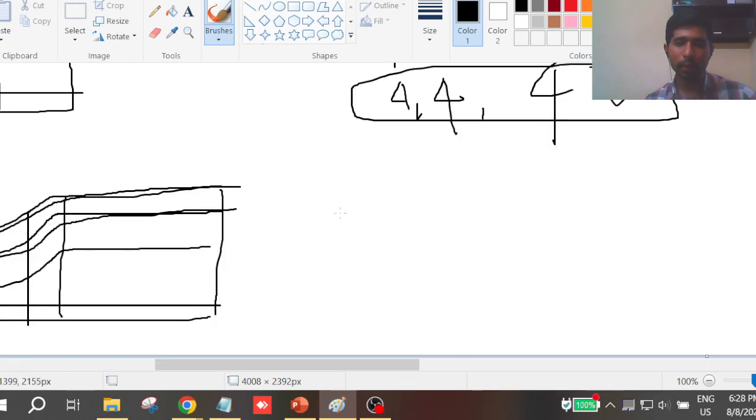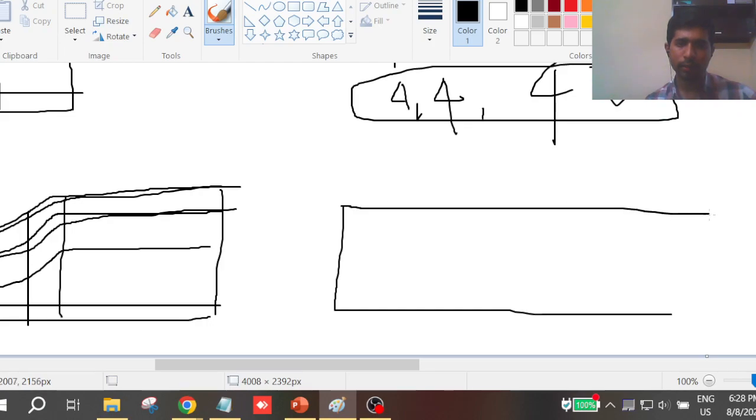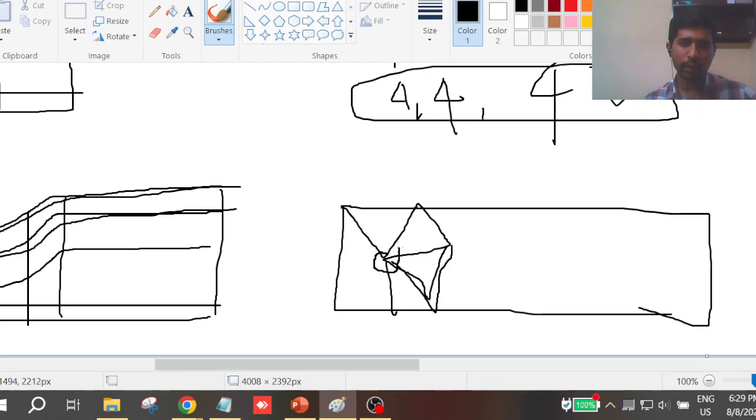Now for example, if you had the same domain and triangular elements which are randomly arranged here and there, this is how they are arranged. You can see that this particular node where there is an intersection has around 1, 2, 3, 4, 5 neighboring nodes.